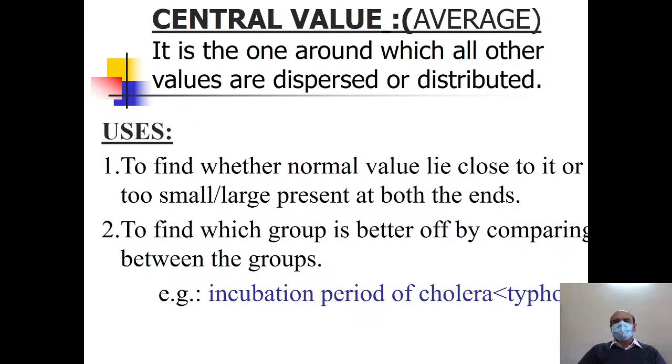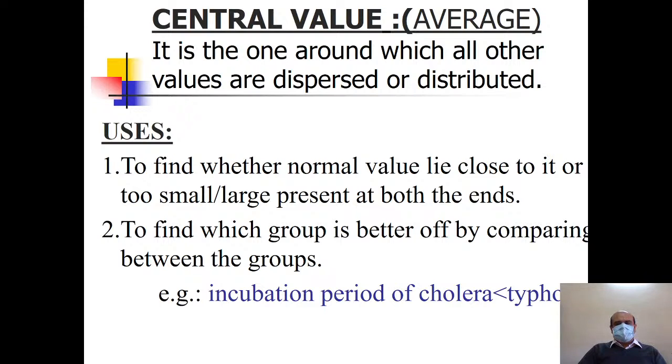These are the two broad categories. Categorical data is usually in a yes or no manner, for example disease present or disease absent, like hypertension present, hypertension absent. That is categorical data.